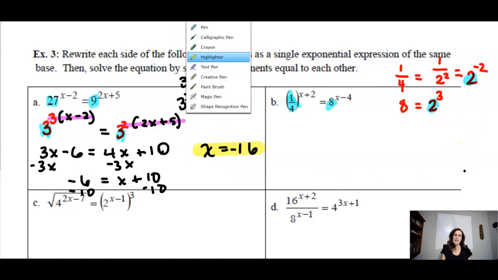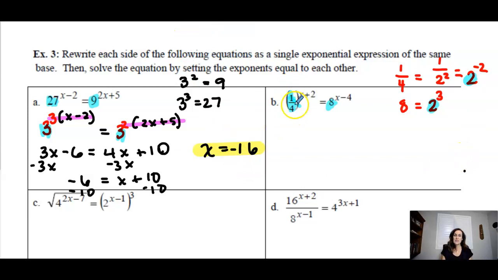So let's go ahead and rewrite the equation. The 1/4 is going to get replaced with 2 to the -2, and we're going to raise that to the x plus 2. 8 is going to be rewritten as 2 cubed, okay?